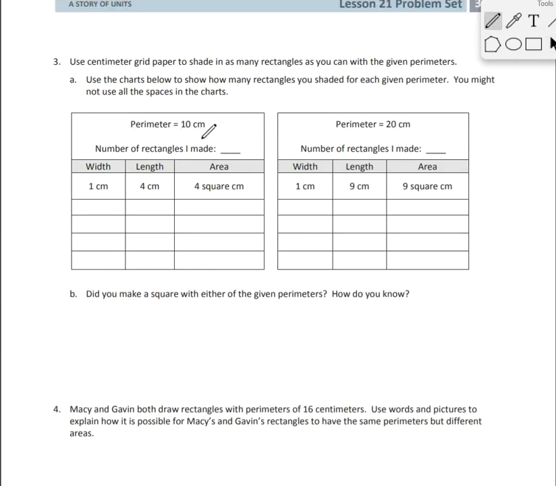All right, I'm looking for a perimeter of 10. And I want to know how many rectangles I've made. I list the width, the length, and the area. So in our lesson yesterday, we found that when we were given a perimeter, we can divide it by 2, and it's going to tell us what the sides add up to. So let's test that. If we divide 10 by 2, we're going to end up with 5.